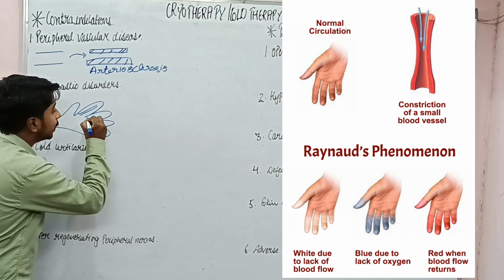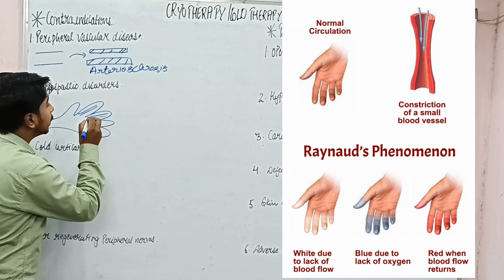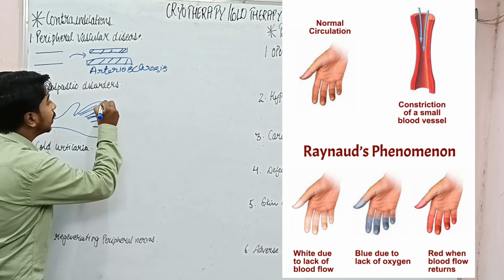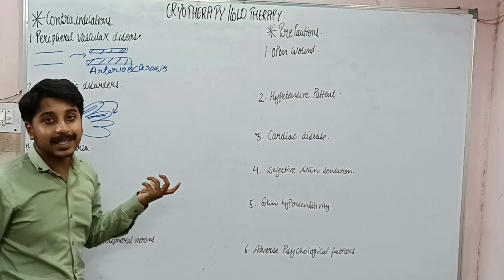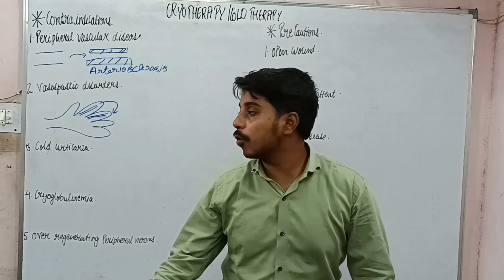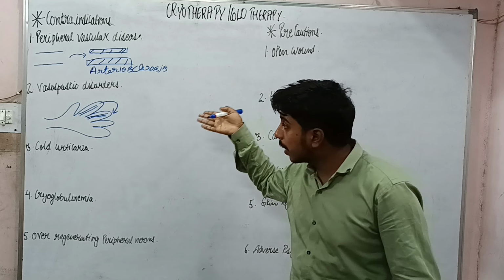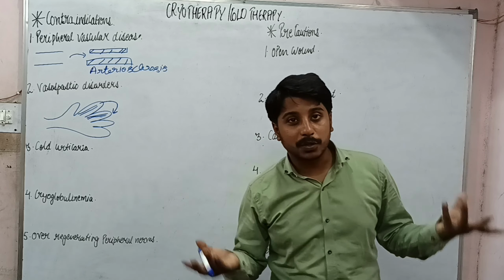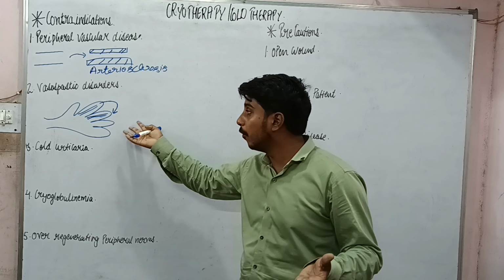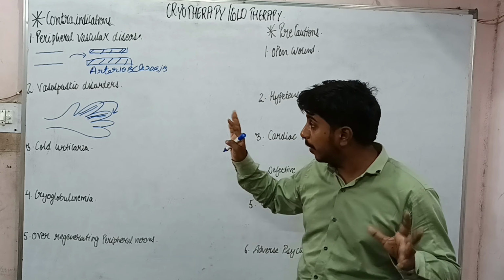So it will be like this, a narrow lumen. You can see the change from here to here. So here also the reason is the same: initially the vasospasm is already occurring, and if we again apply cold, there will be vasoconstriction. So further blood flow will be reduced to the hand, most commonly in the fingers.